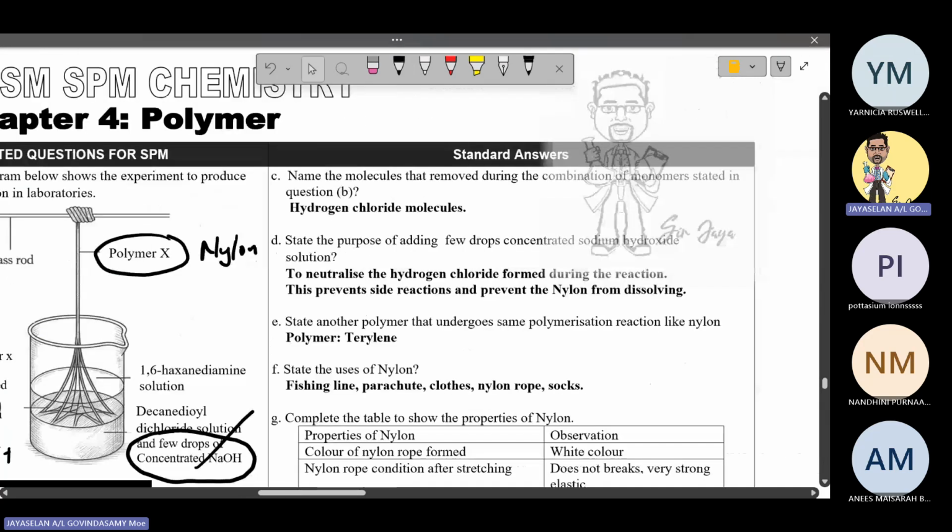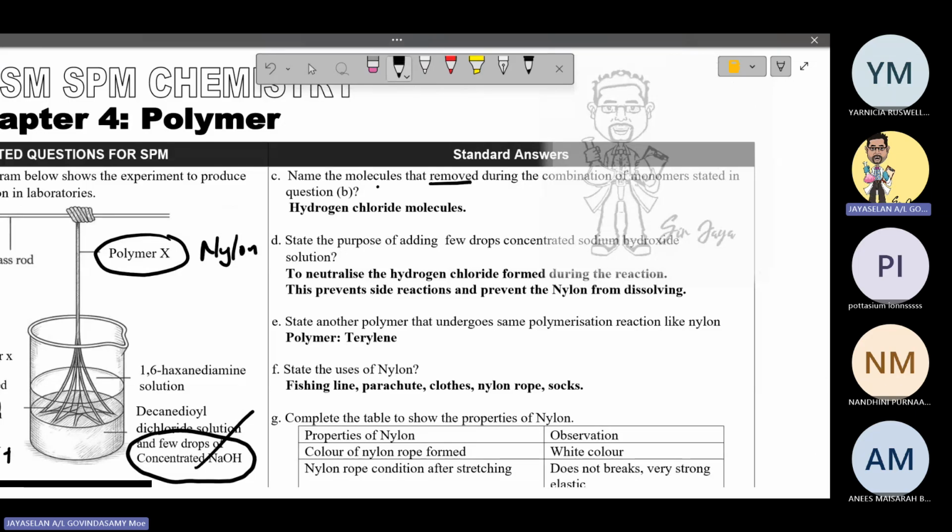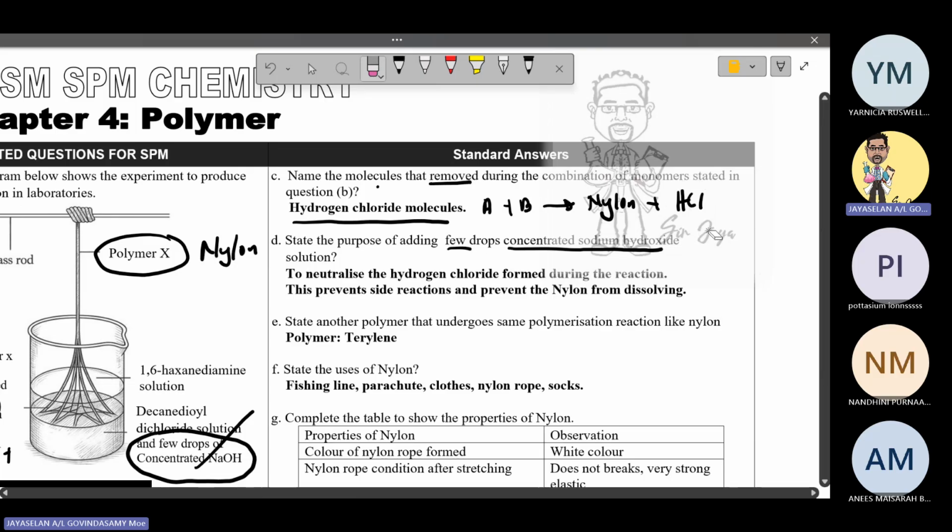Then they ask, state the small molecule removed during the combination of the two monomers stated in question B: hydrogen chloride molecules. You guys already score 1 mark. Any question? What is the purpose of adding a few drops of sodium hydroxide? Monomer A and monomer B give you nylon plus hydrogen chloride, which can turn into acid anytime if water is present.